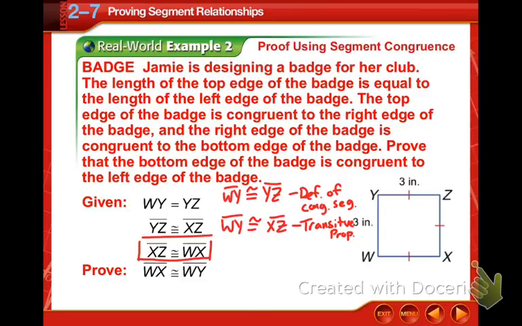XZ is congruent to WX, so we substitute in WX for XZ, and we have what we're looking for. WY is congruent to WX. And this is our substitution. So we got what we're looking for. These two things are the same.